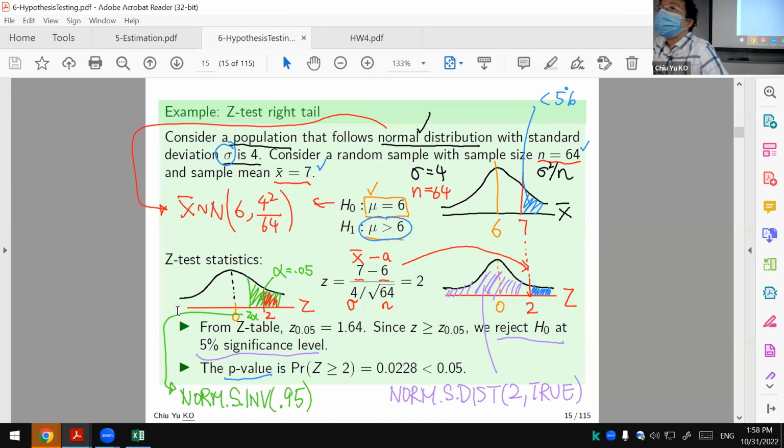Is that okay? Don't worry, we are doing another example, but on the left-hand side.